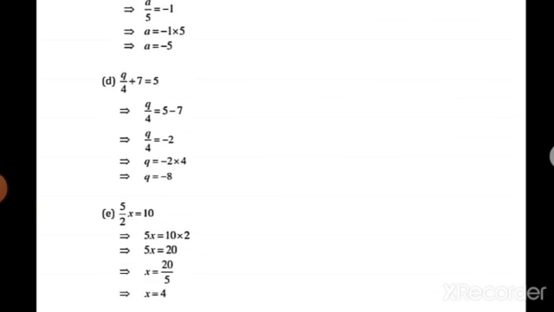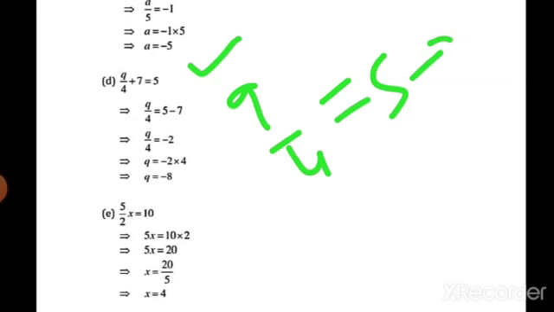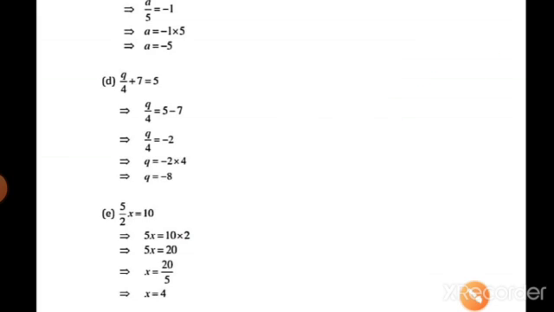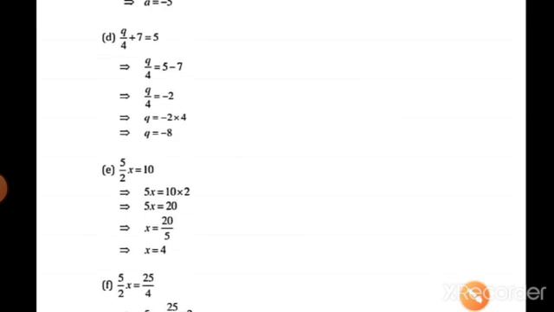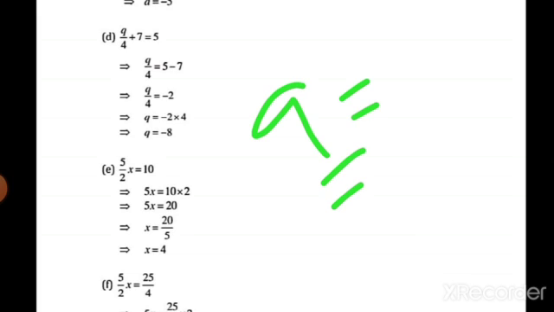So next, q upon 4 plus 7 is equal to 5. That is, q upon 4 is equal to 5 minus 7. So q upon 4 is equal to minus 2. Then we want q, so we put q alone on the left hand side of the equation.